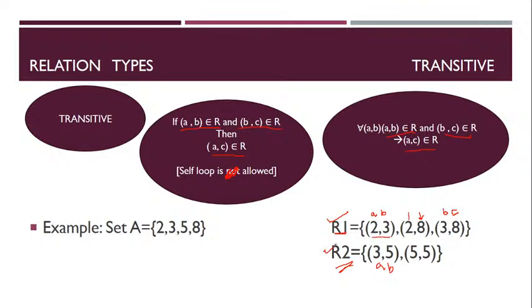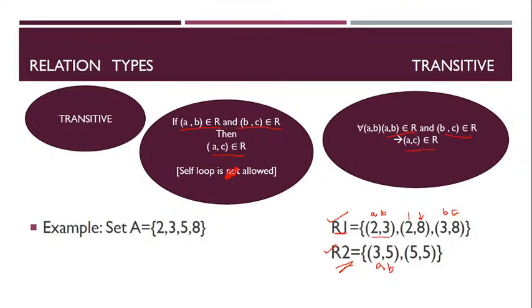One more piece of information: whenever you are checking whether a relation is a certain type, if the relation is following the property, then you can say yes, it is that type of relation. And another situation is when the relation is not violating the rule; then also you can conclude that it is that type of relation. So right now this R2 is not violating the rule of a transitive relation.